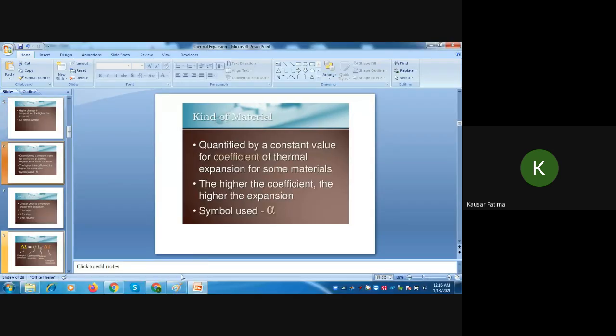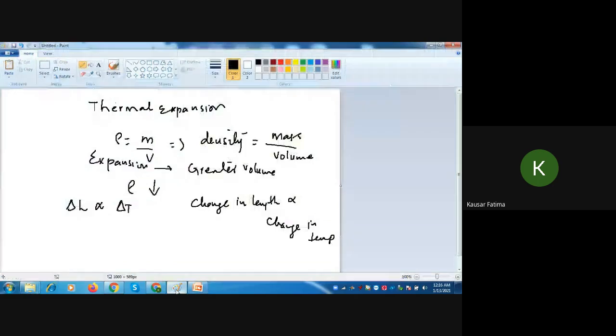Means alpha is the coefficient of thermal expansion.